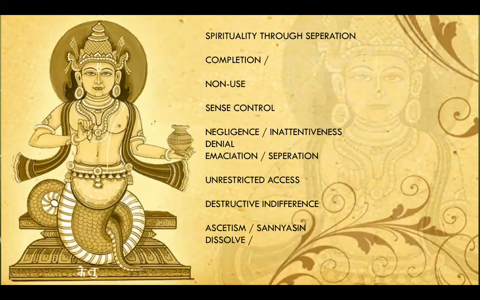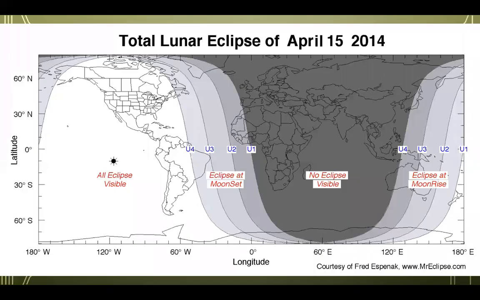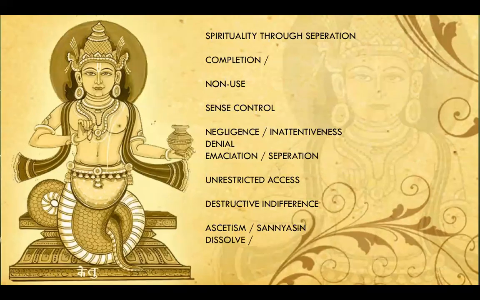So the idea is to move away from extremes and find balance. And Ketu is much more spiritual in this sense, because it's much more about completion. North node, the head of the dragon, is much more in a state of incompletion.